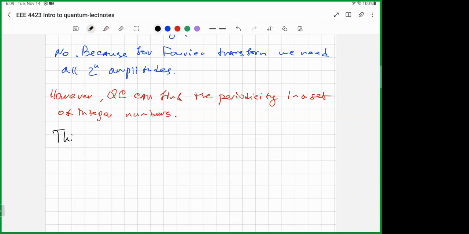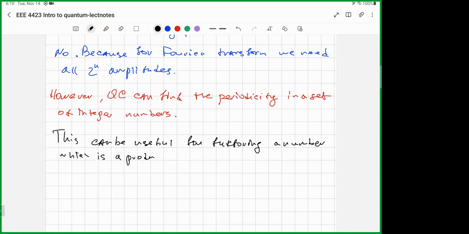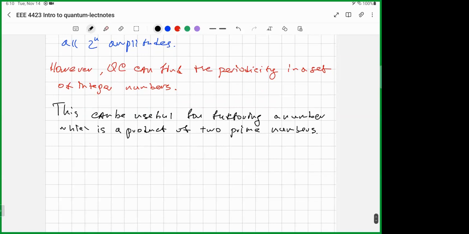So this can be useful for factoring a number which is a product of two prime numbers.